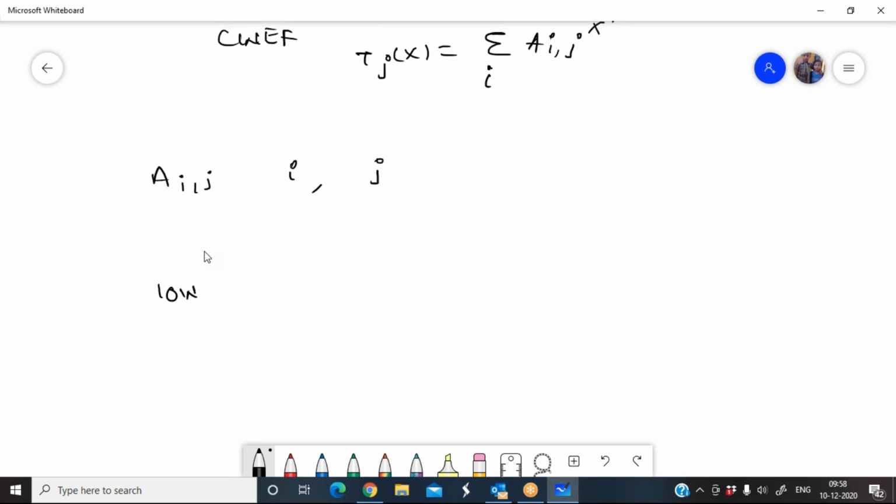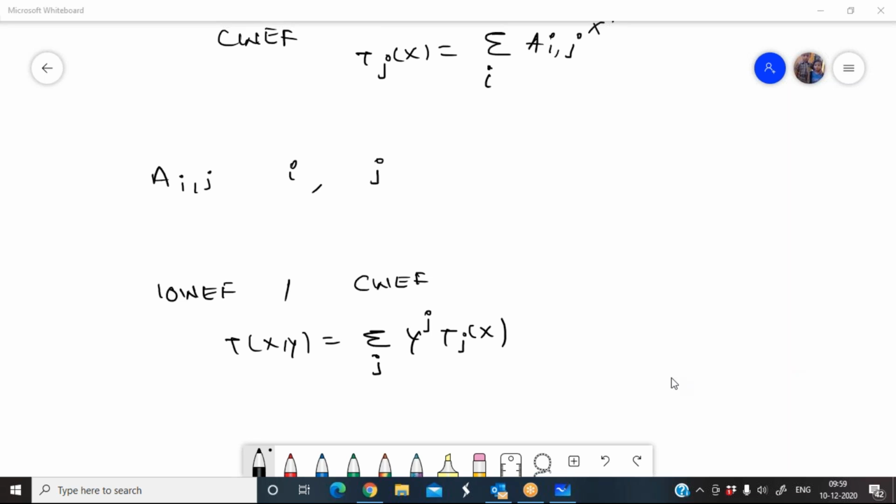Input output weight enumerating function is nothing but T of x comma y.